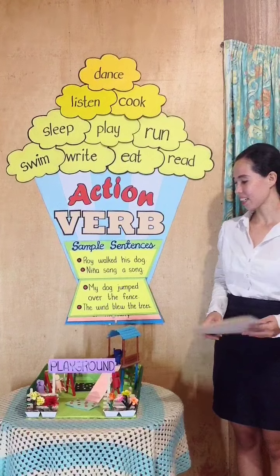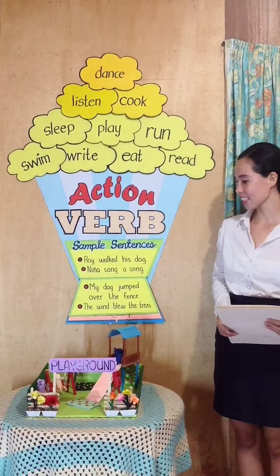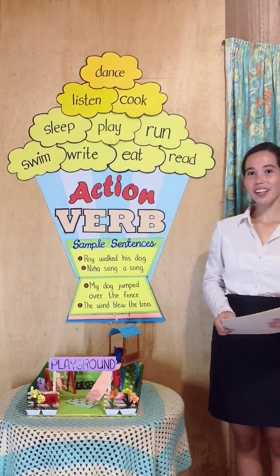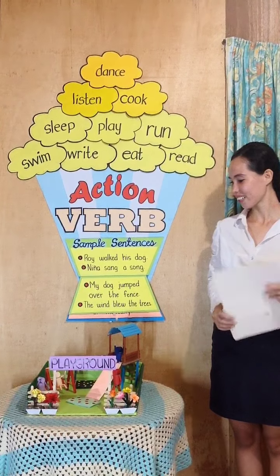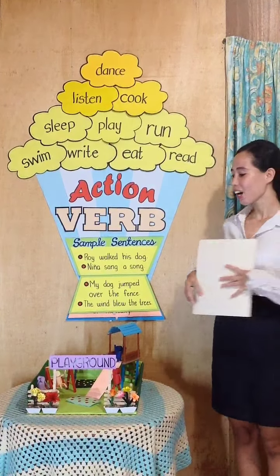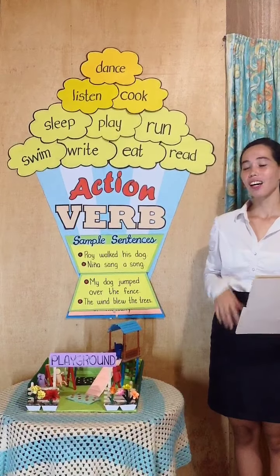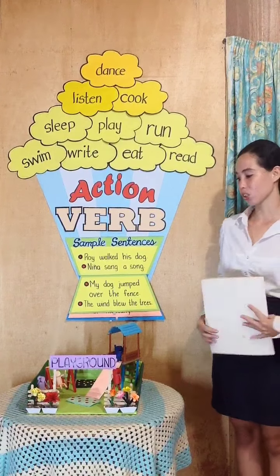Wandering, swinging, walking. Yes. What else? Taking selfies. What else? Hopping. Yes, you can do that in the playground. So a lot of things you can do inside the playground that involve an action.